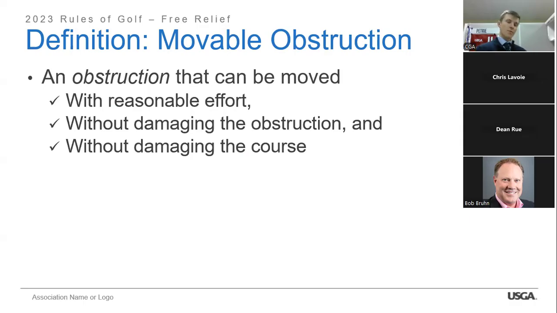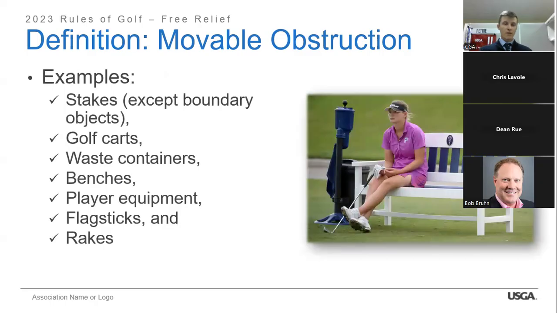Another example would be a bench, maybe a movable obstruction. All of these things can fit this definition and can be moved. Examples are stakes, golf carts, waste containers. We have a picture here on the right, and there are a lot of movable obstructions: the bench, the ball washer, the rubbish bin.